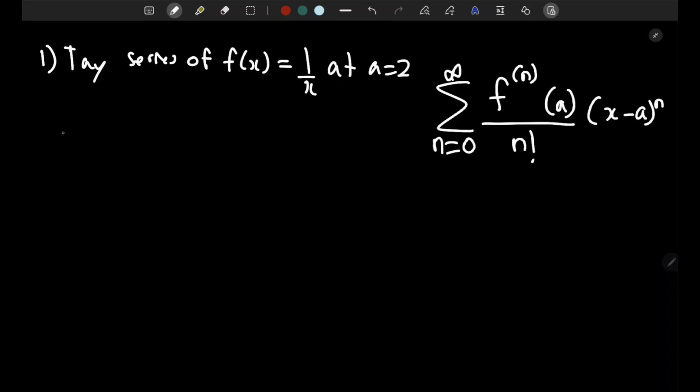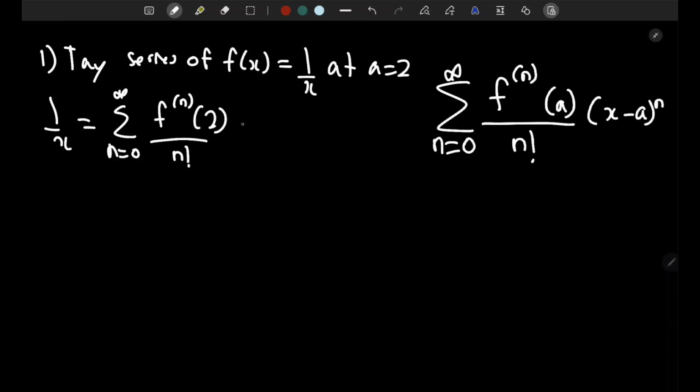So let's start with writing that 1 over x is equal to the series from n equals 0 all the way to infinity, and we have f of n at 2, because a is equal to 2, over n factorial multiplied by (x minus 2) to the power of n. So now let's expand this and start substituting the n's.